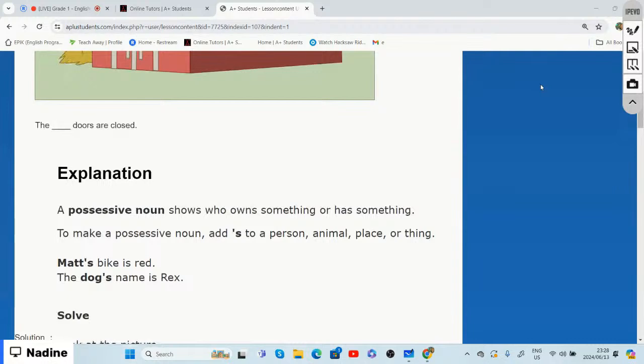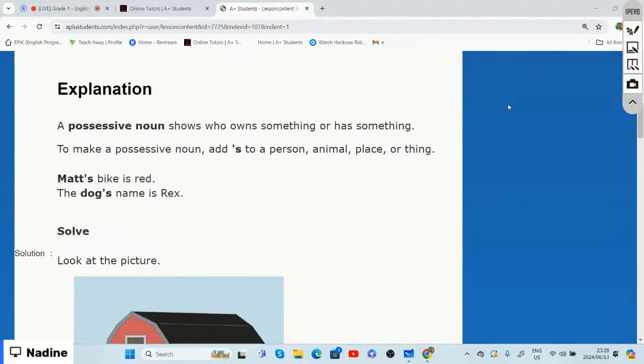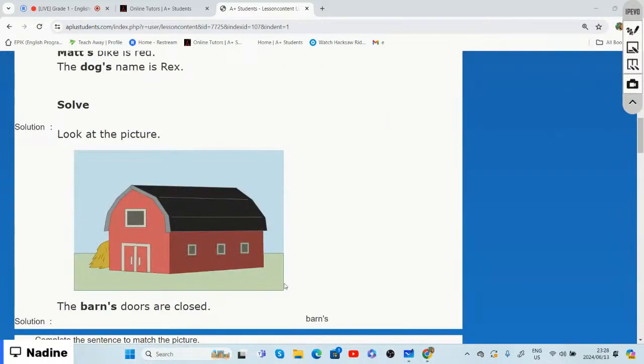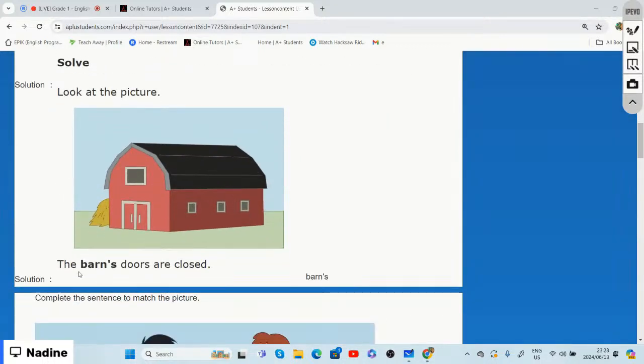And don't forget to put your apostrophe and your S to show who owns something or who has something, right? Just like we said, the barn's doors are closed.